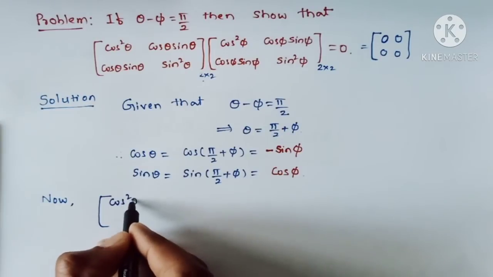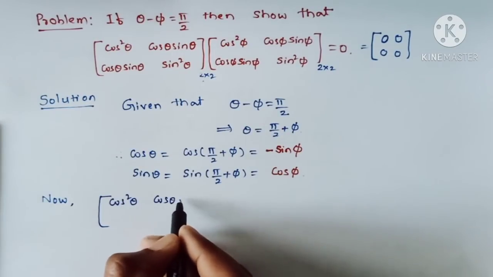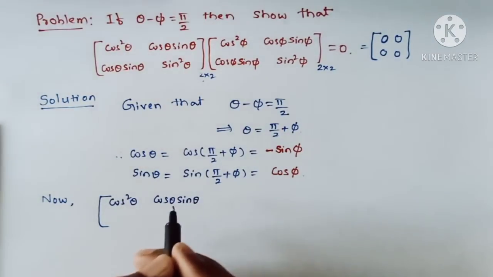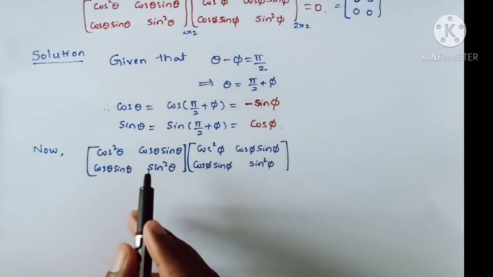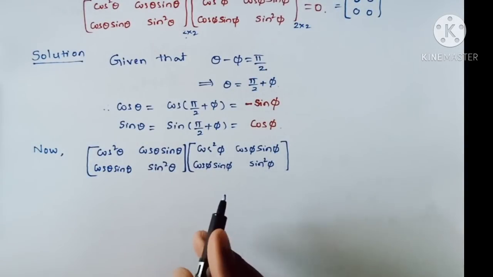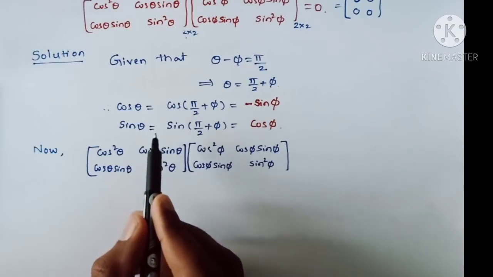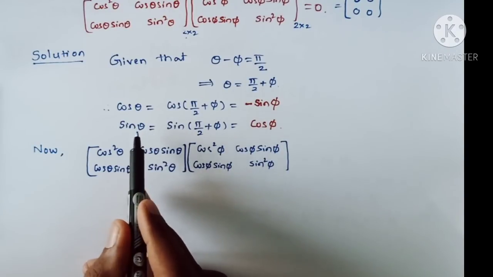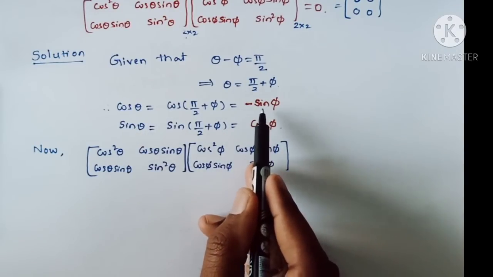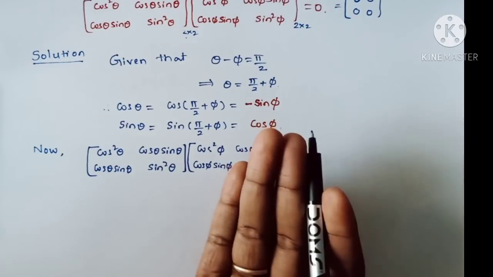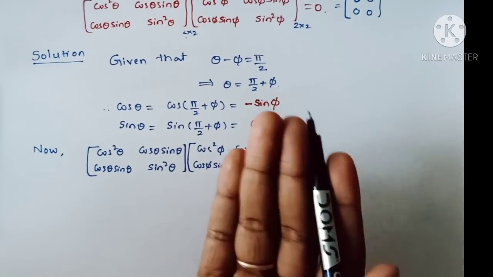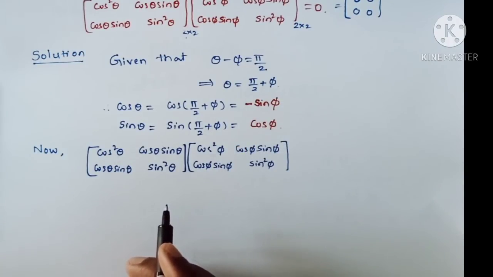Now let us consider the left hand side of the given problem, that is the matrix with cos square theta, cos theta sin theta. So this is our left side of the given problem. Here we can change cos theta and sin theta in terms of minus sin phi and cos phi, or you can convert cos phi and sin phi in terms of cos theta and sin theta also.